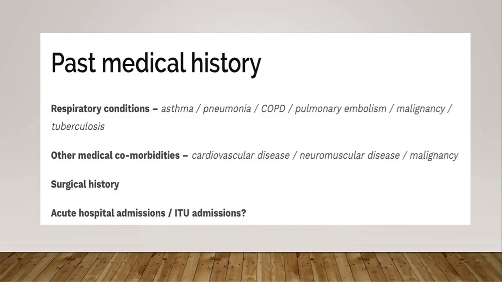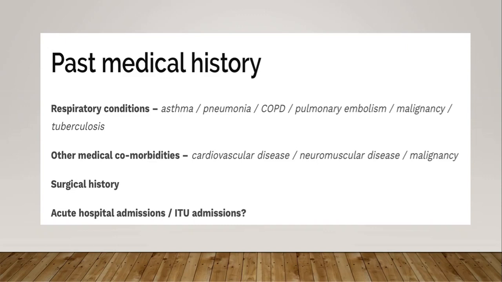Past medical history. We have to ask about respiratory conditions like asthma, pneumonia, COPD, pulmonary embolism, malignancy, TB, cardiovascular disease, neuromuscular disease, past surgical history, and any history of ICU admission or recent hospitalization.